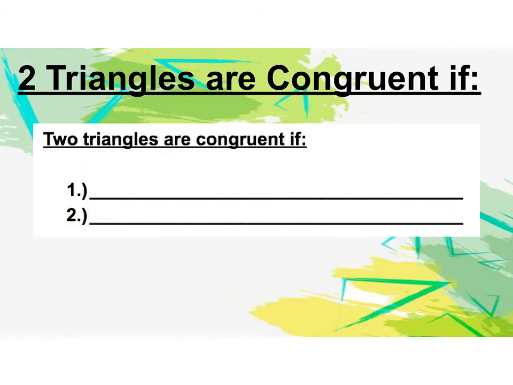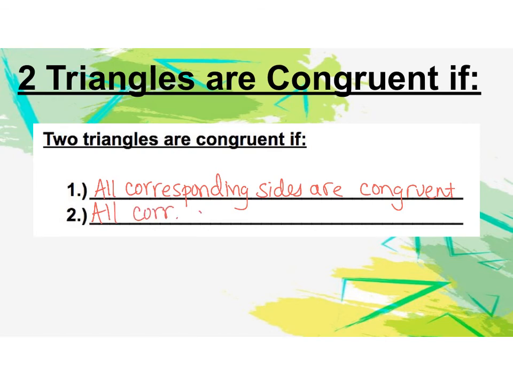So 2 triangles are congruent if all corresponding sides are congruent. Also has to be true, all corresponding angles are congruent.